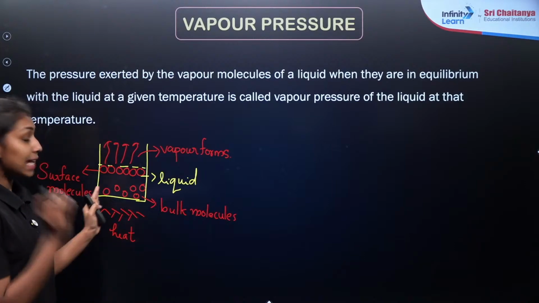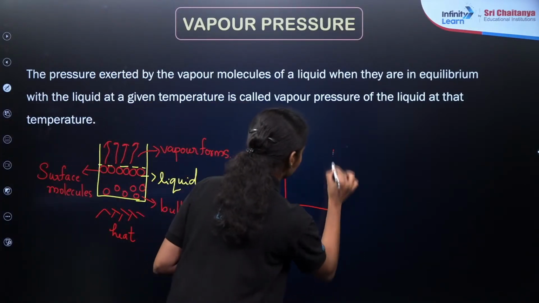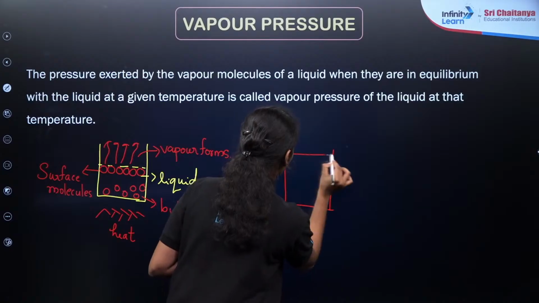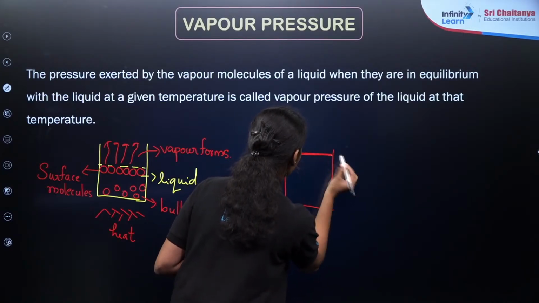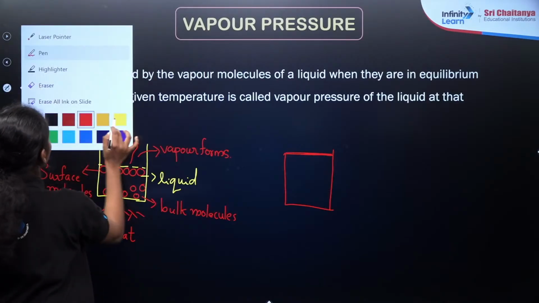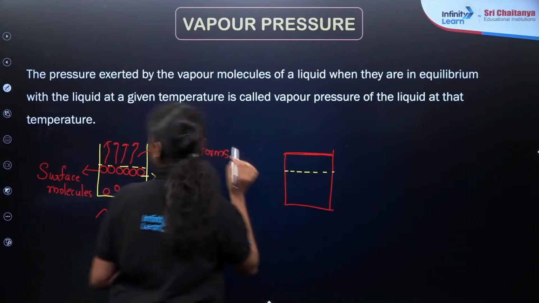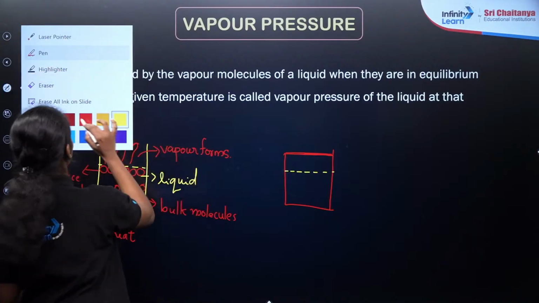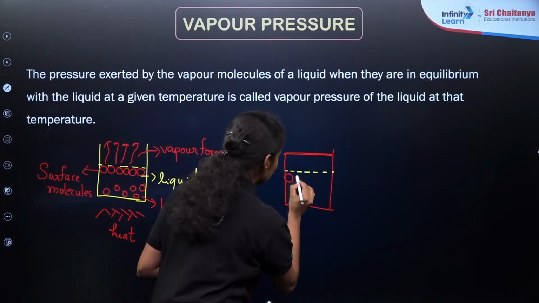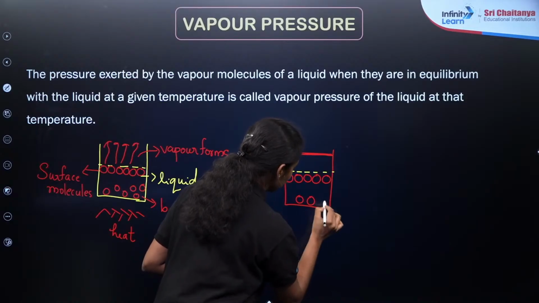Now, if I take the same container in a different way, where I am closing the container, with the same level of liquid, again this is our surface molecule and this is our bulk molecules.